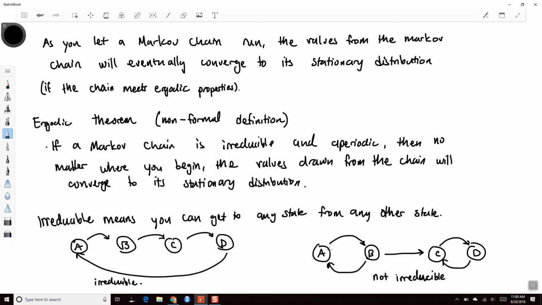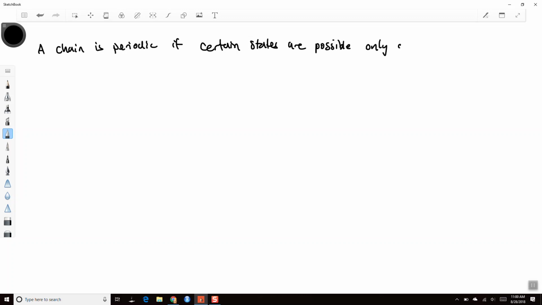Okay, and then let me define aperiodic. Maybe I'll define periodic and say aperiodic is the opposite of that. A chain is periodic if certain states are possible only at certain times.